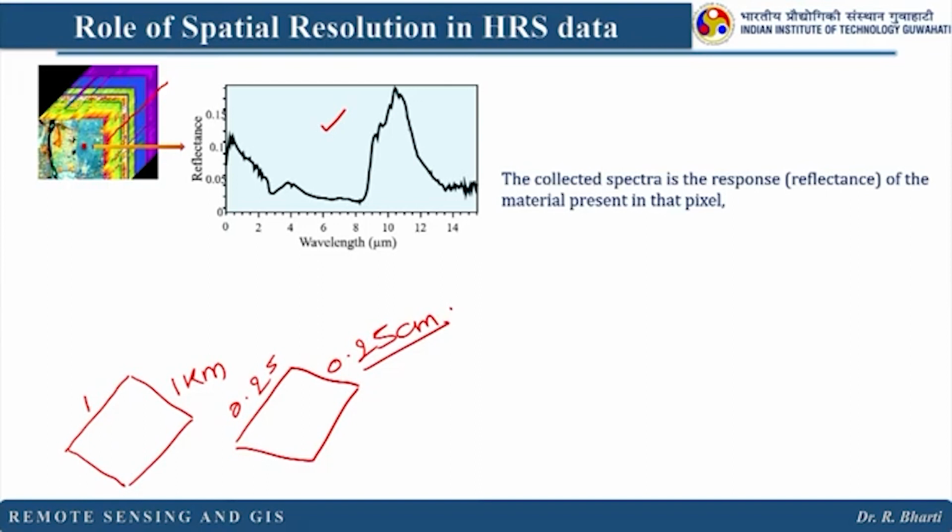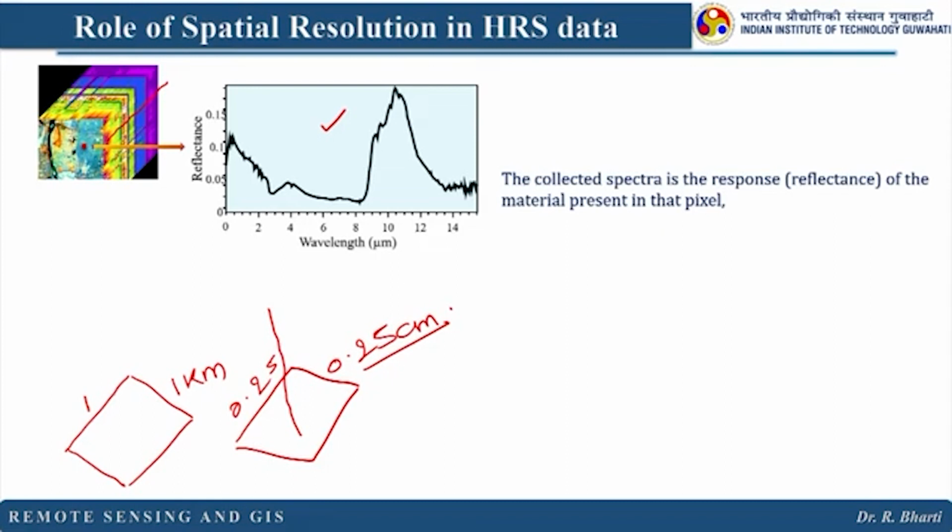It says you will get only one averaged value for this pixel in your image, right. Here for 0.25 by 0.25 centimeter, you will again get only one averaged value in your image. So exactly what are we getting? We are getting the averaged response of material in that particular area, in that particular wavelength, right.